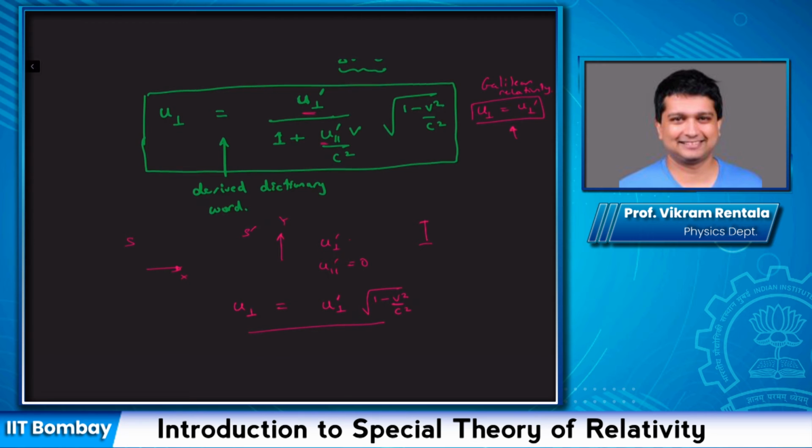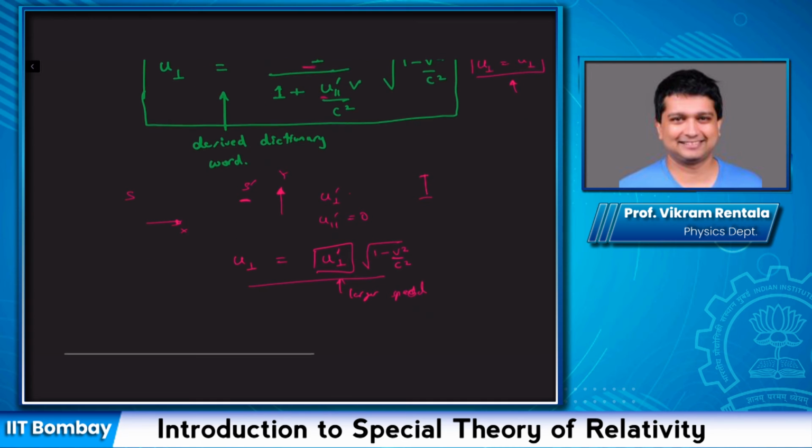So the time that this ball is traveling in the frame S prime appears to be smaller than the time that it travels in the frame S. So therefore, the speed in the frame S prime would appear to be higher, or it would appear to have a larger speed. And the speed in the frame S would appear to be lower. And the difference between the two is just the time dilation factor.